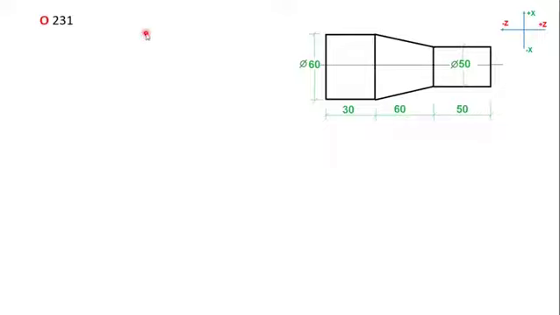As usual, first we start with O and the program number, then N10. Then we use G90, G21, G40. G90 is the absolute coordinate system. G21 is the metric system. G40 cancels cutter compensation, since any compensation given in an earlier program will be stored in the machine.